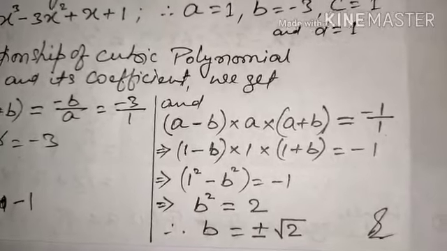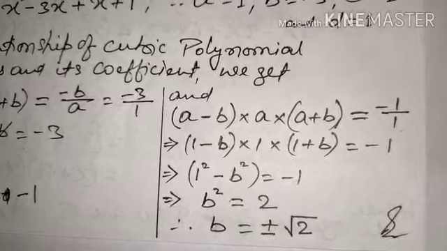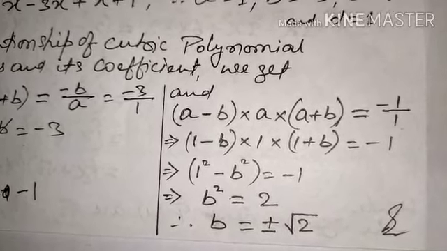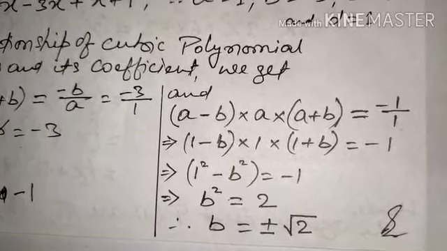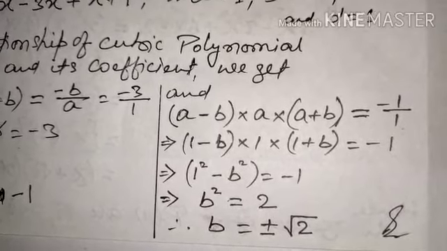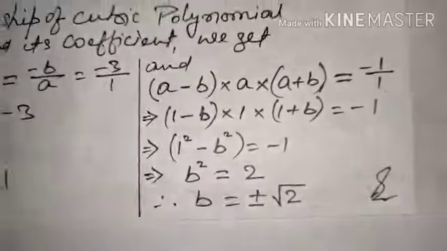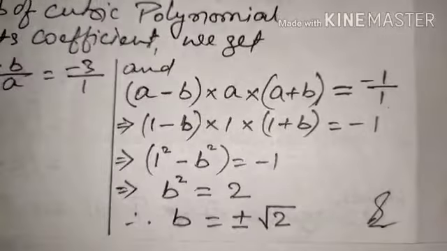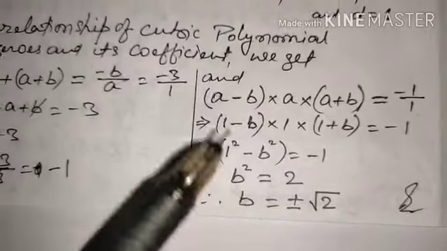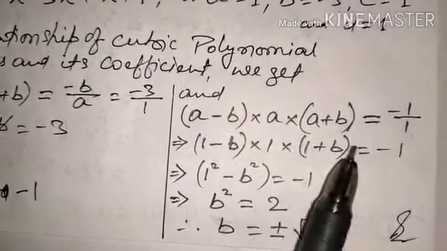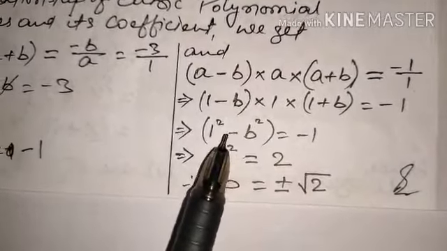In place of a I substitute the value 1, so we get 1 minus b under bracket, multiplied by 1, multiplied by 1 plus b under bracket, is equal to minus 1.